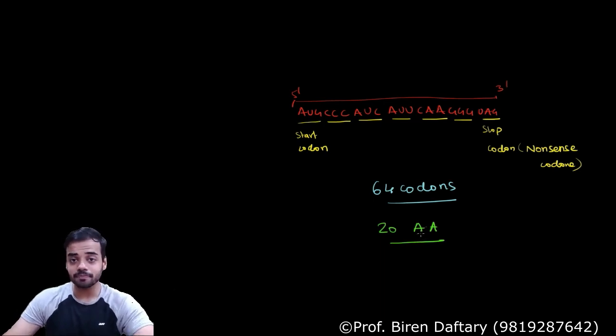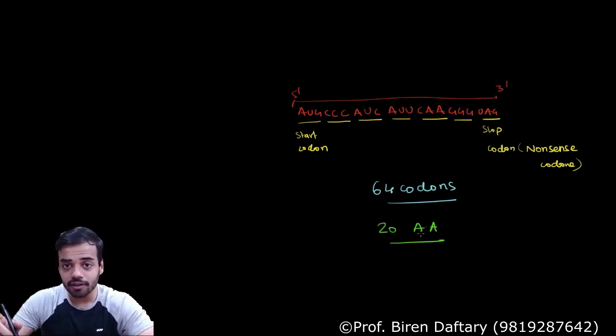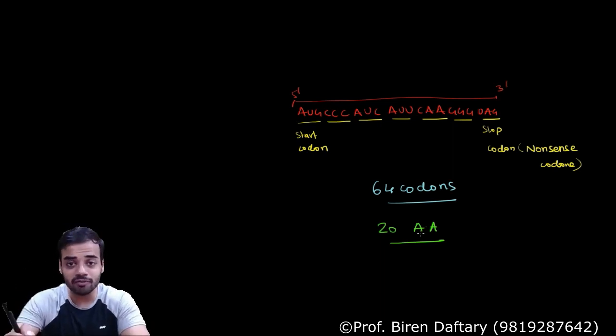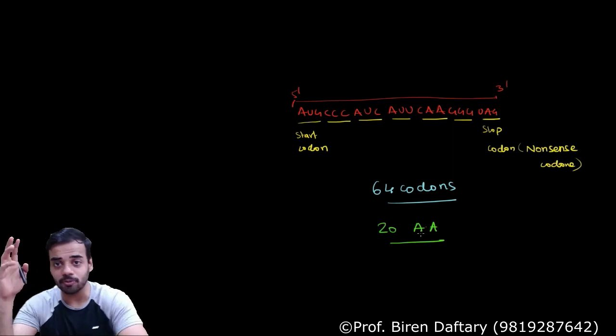So if you remember, one codon can form only one amino acid, but one amino acid can be formed by more than one codons. Can you remember the points? One codon will form one amino acid, that is called as what characteristic? Non-ambiguous. And one amino acid can be formed by more than one codons, that point is called as degeneracy. Correct? Genetic code characteristics we are talking about.